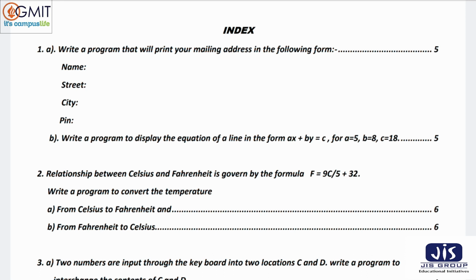Write a program to display the equation of a line. Number 2, the relationship between Celsius and Fahrenheit is governed by the formula F = 9C/5 + 32, from Celsius to Fahrenheit and from Fahrenheit to Celsius. And these are the page numbers, 5, 5, 6, 6. Okay.